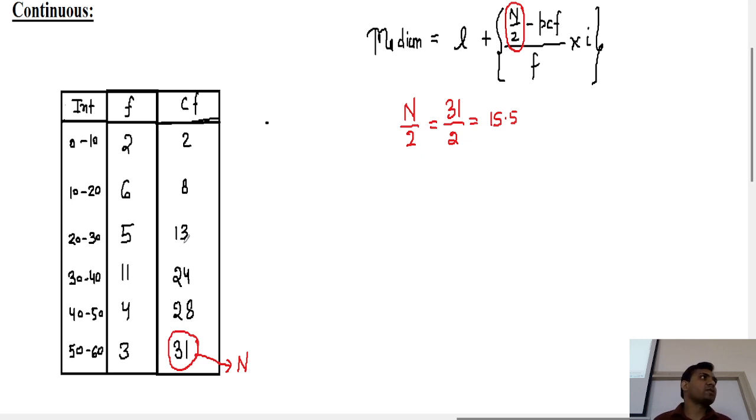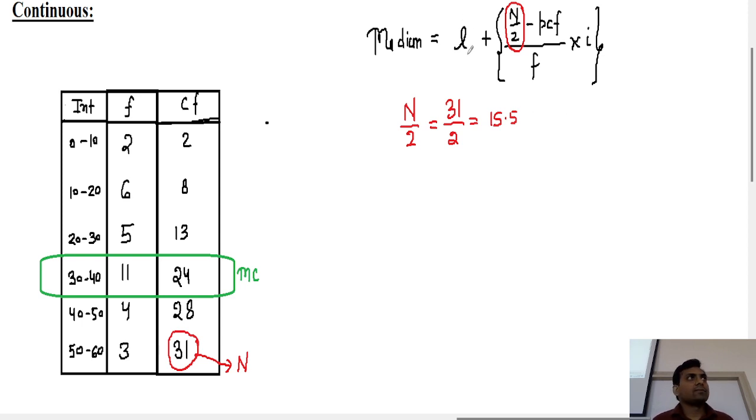If you have 24 rupees, then you can spend 15.5. So we will consider the next one. This is considered the median class. Clear? For this median class, now we will find all the other things.